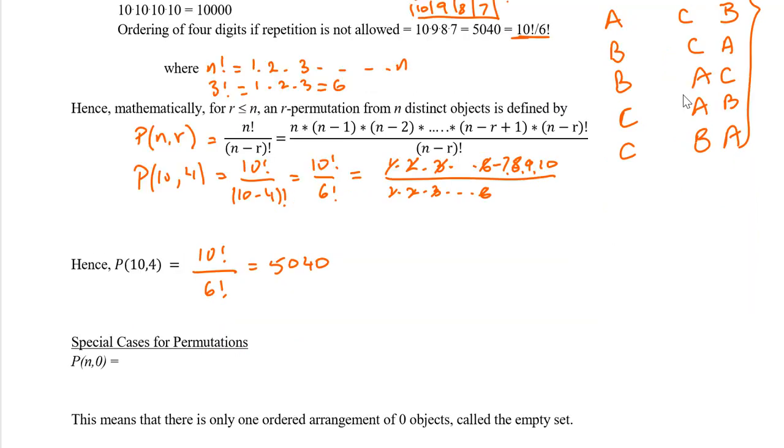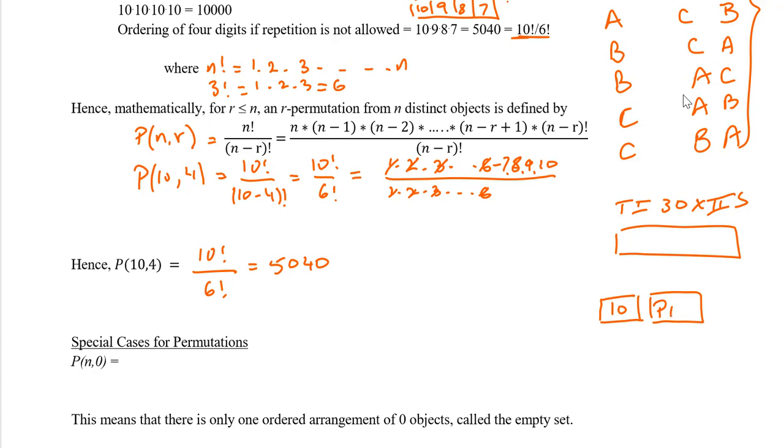If you want to use a calculator, in this course we could use the TI-30X. So if you're going to use this TI-30X, this is the calculator and here is the screen. I'll tell you briefly how you do that. If I want to compute the permutation P(10, 4), you turn on the calculator and enter 10. Then you hit the button that says PRB, probability.